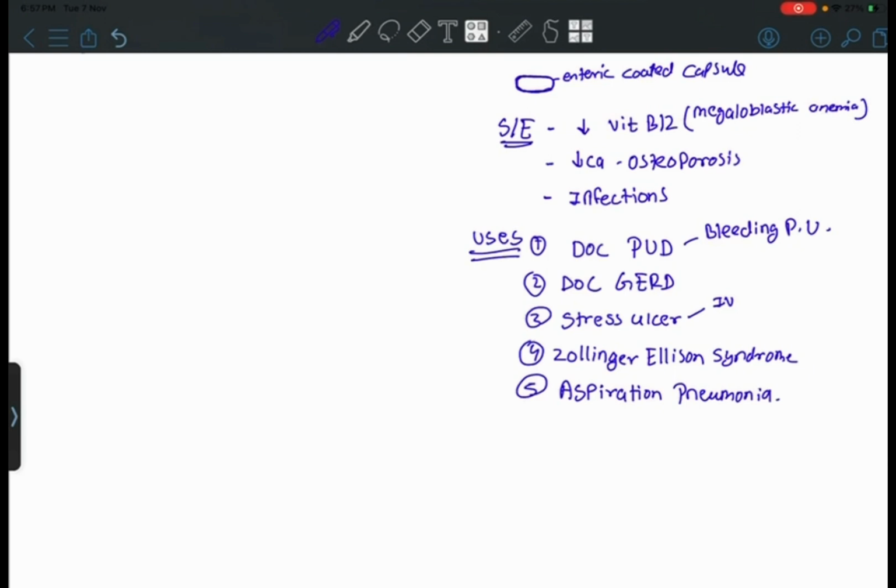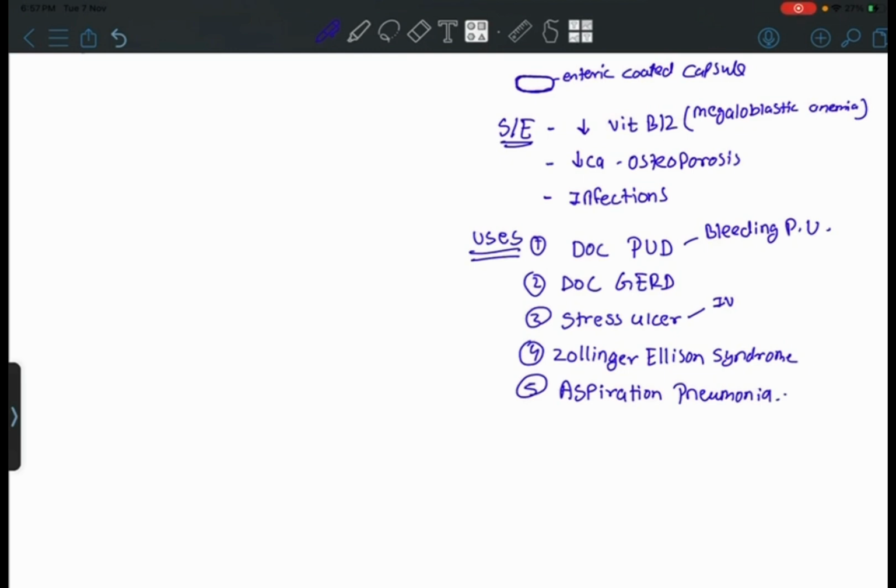After the irritation, exudate will form in the lungs and can cause pneumonia. So to stop that, we will give a PPI to the patient who is in a coma or in prolonged anesthesia to inhibit the acid secretion.